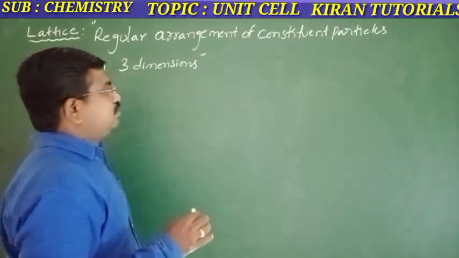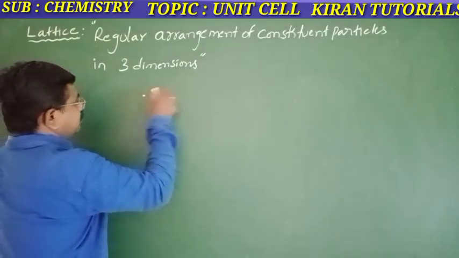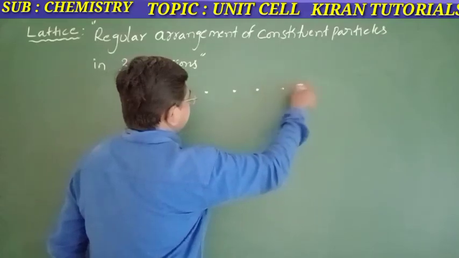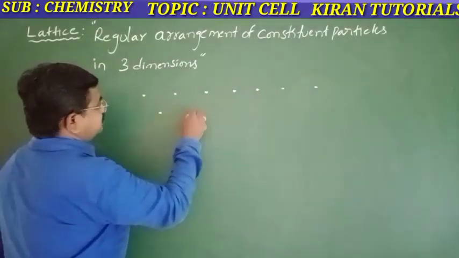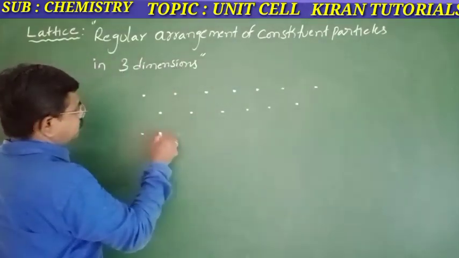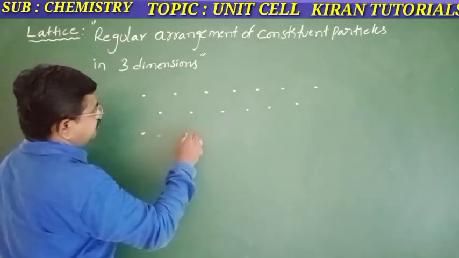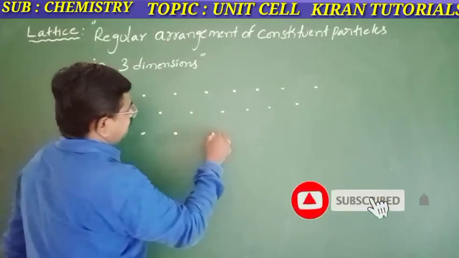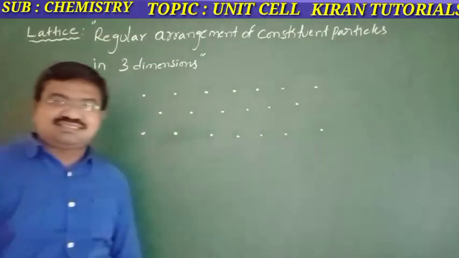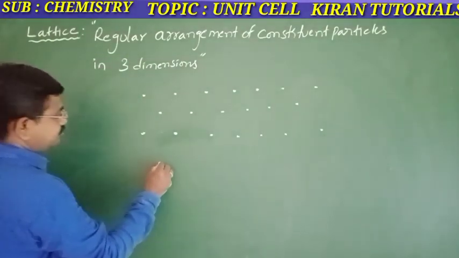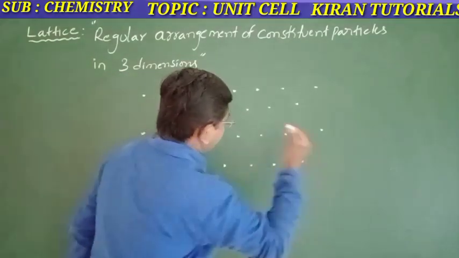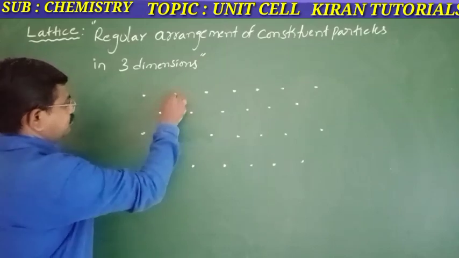See, regular arrangement of points. These are called a lattice. Okay.